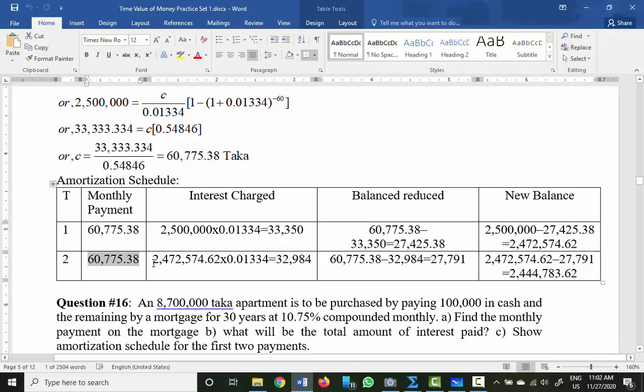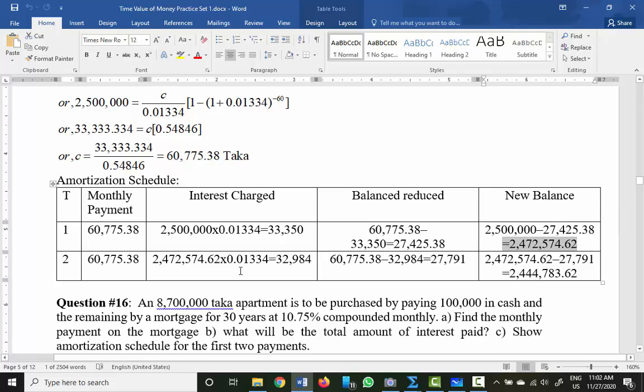So the bank will calculate the interest amount for the second month, and the loan amount is no longer the original one. Now the new loan balance is this one, because you have already paid off this much of the loan.